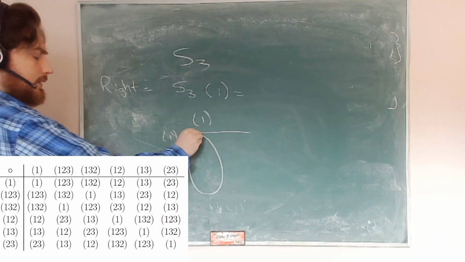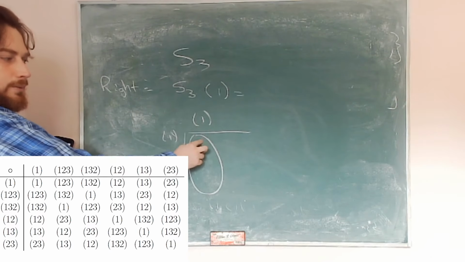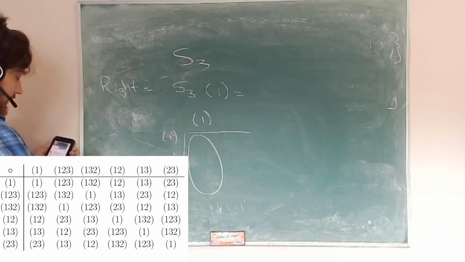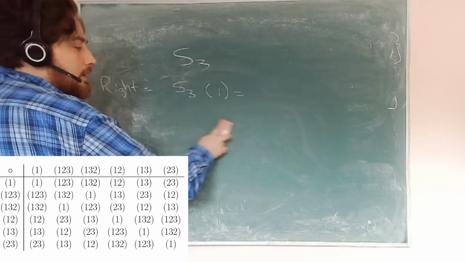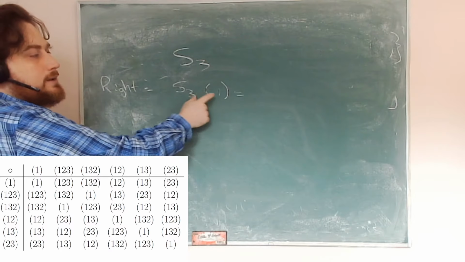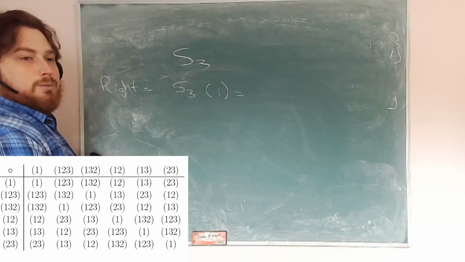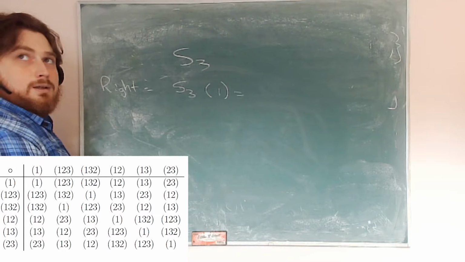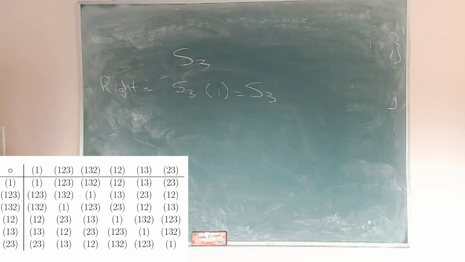So if I look at the first column, that's going to be 1 composed with 1 is 1, (1 2 3) composed with 1 is (1 2 3), (1 3 2), and so on. If you guys are looking at the Cayley table at your bottom left, I'm really just looking at the first column, which is going to be the right coset of S3 by 1. And so that's going to be the set 1, (1 2 3), (1 3 2), (1 2), (1 3), (2 3). So instead of having to write those all over again, I just get all of S3.